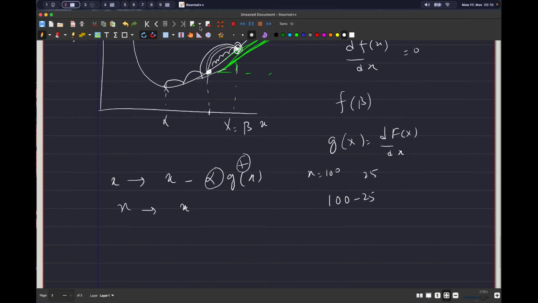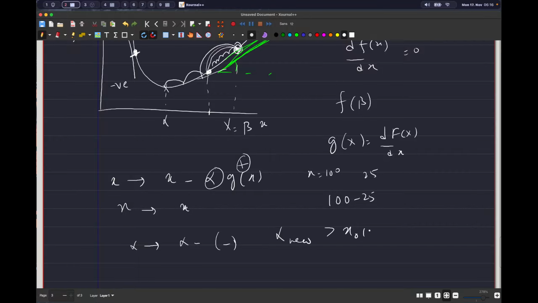Now suppose you start at a value of x which is on the opposite side of the optimal value. At this position the gradient will be negative, so x will be updated such that there is a negative term here. Negative negative is positive, so the new value of x will be greater than the old value, and we are moving in this direction.